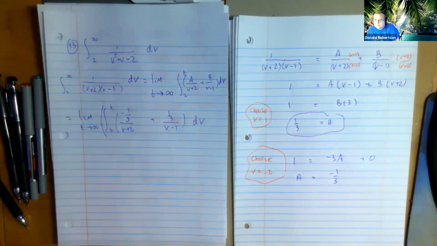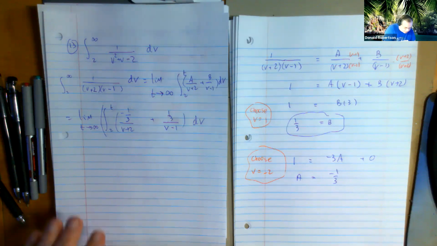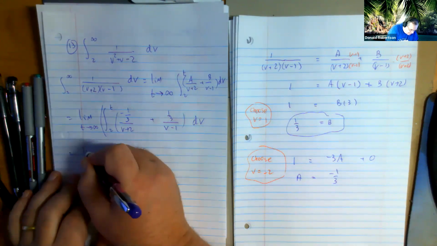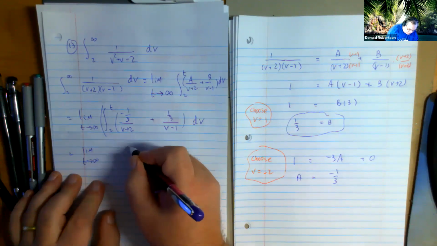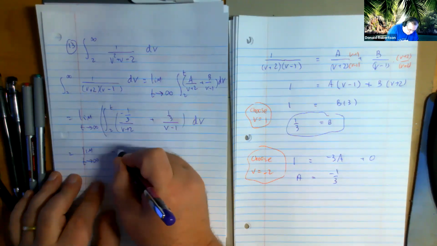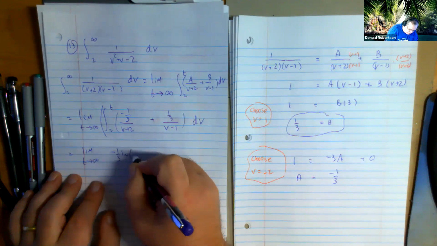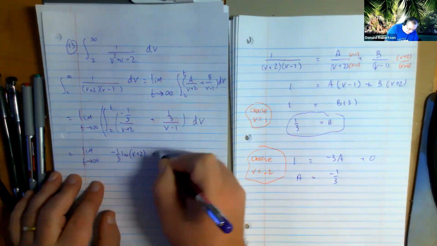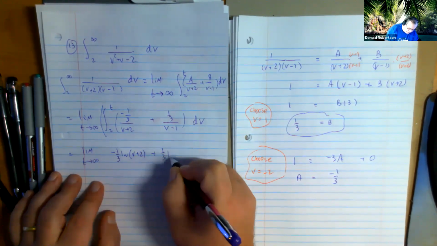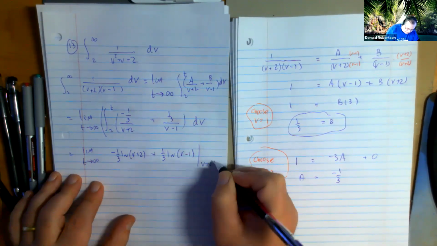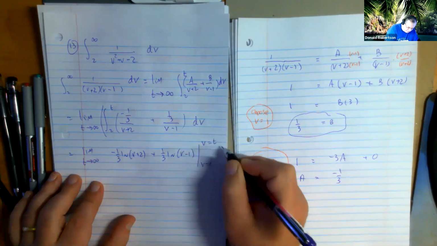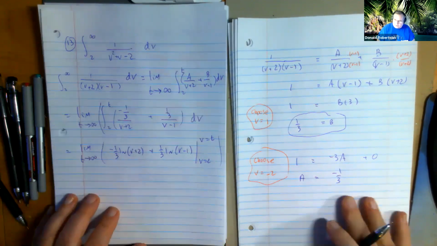So far, so good. Now, we're going to have some algebra issues in a couple of lines from now, so be aware of that as we reach it. I don't think the integration itself is going to be too tricky. If you integrate this, you just get -1/3 the natural log of v add 2, and this guy gets you 1/3 the natural log of v minus 1, and we evaluate it at the start and finish. That's pretty straightforward.